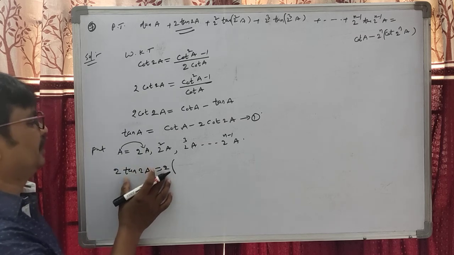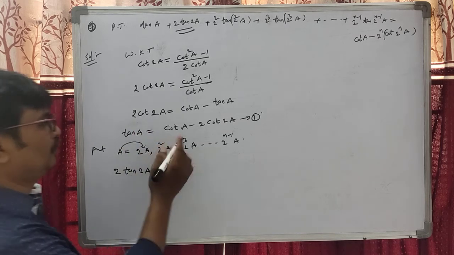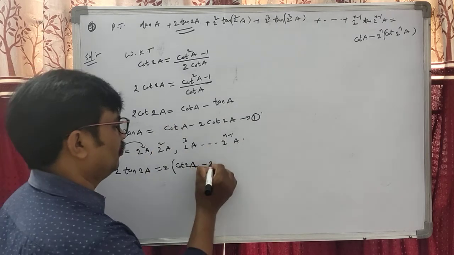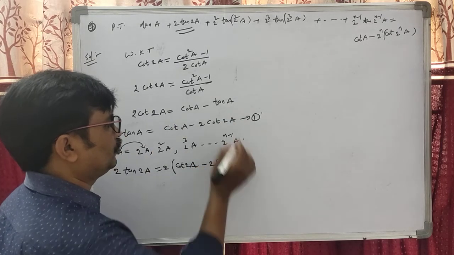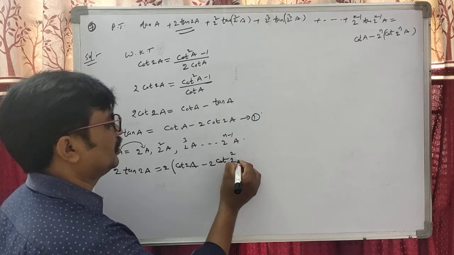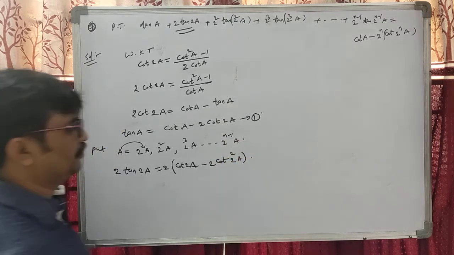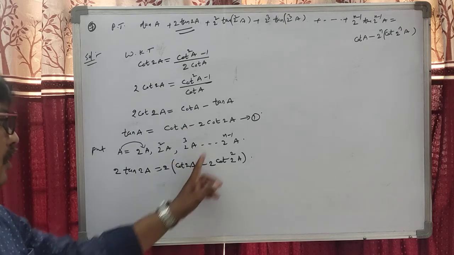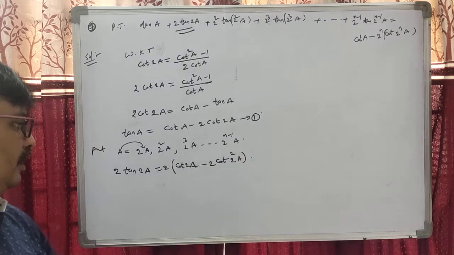This is tan 2a equal to cot 2a minus 2 cot 2 into 2, that is 2 square a.